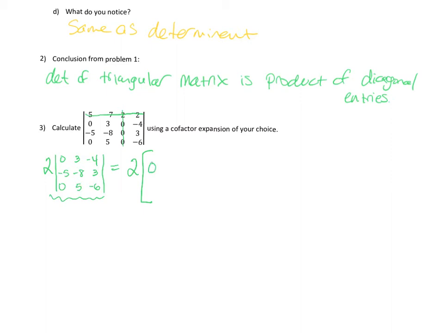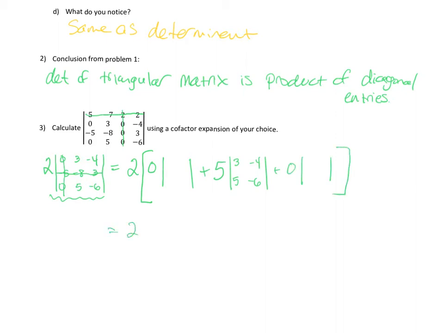So it would be 0 times a 2 by 2 determinant. I'm not even going to bother writing that down because it doesn't matter. And then I'm going to change the sign. So this is going to become plus 5 times the 2 by 2 that's left when you cross out the row and column. And you get 3, -4, 5, -6. And then plus 0 times another 2 by 2.